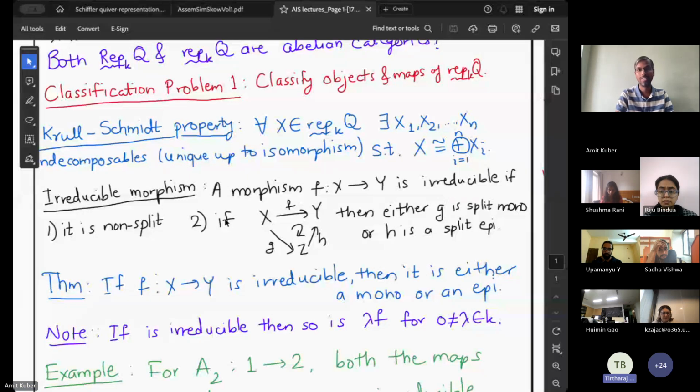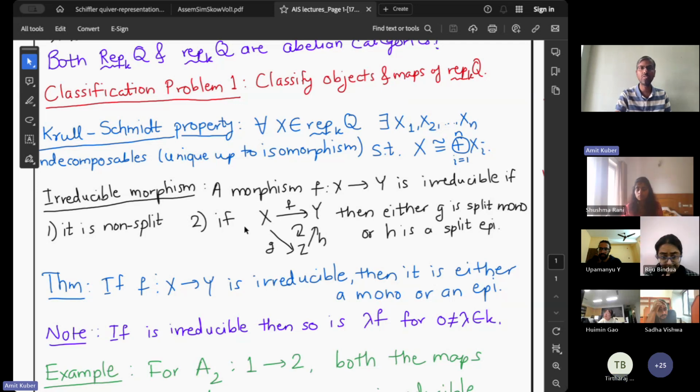I mean, is this term irreducibility related to simpleness in category theory? Simple, no, I don't think so. This particular term, irreducible morphism, as far as I have seen, is restricted to Artin algebras.